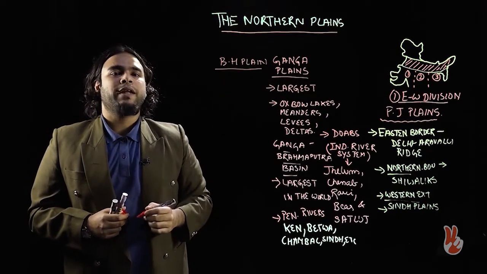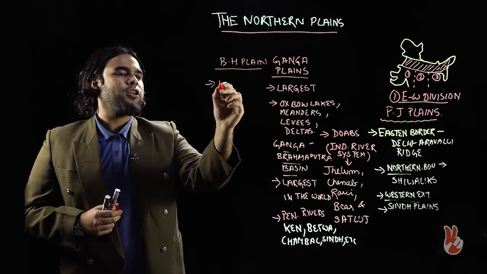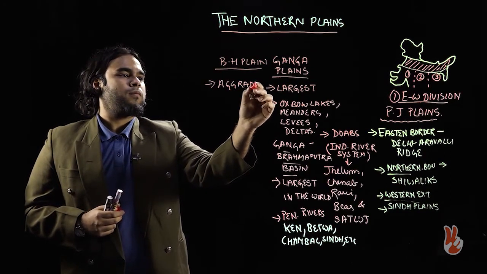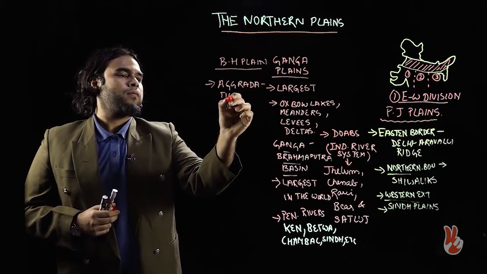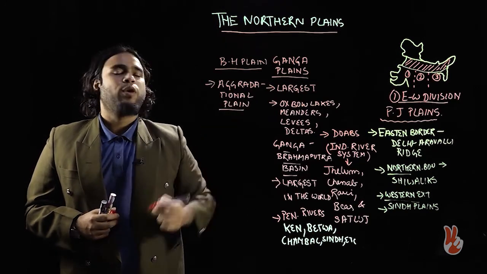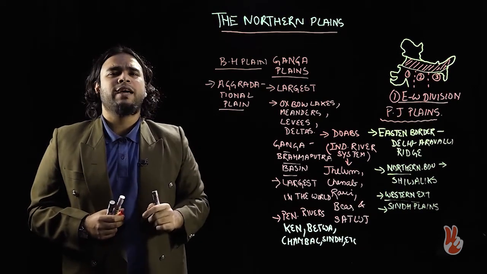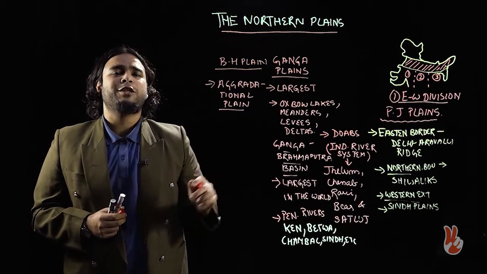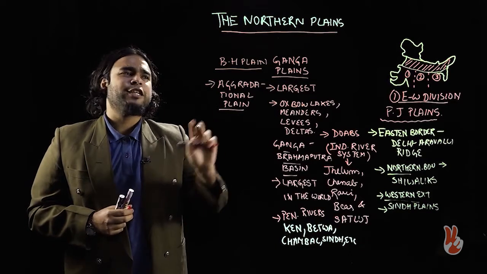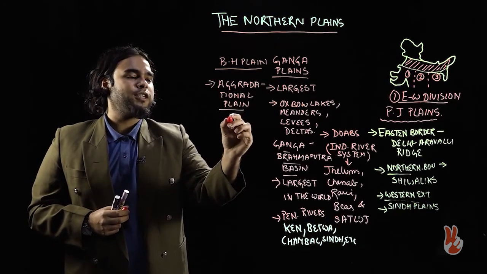This Brahmaputra plain is considered to be an aggradational plain. Now what does this aggradational plain mean? An aggradational plain is nothing but a plain that has been formed by sedimentation and deposition by a particular river. In case of the Brahmaputra plain, this river is your Brahmaputra, right?